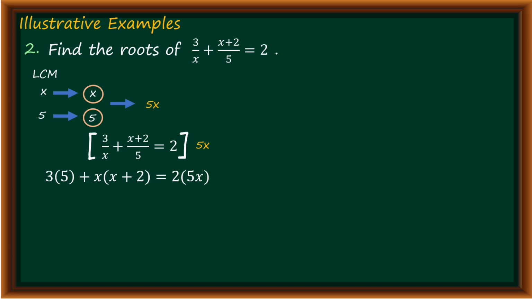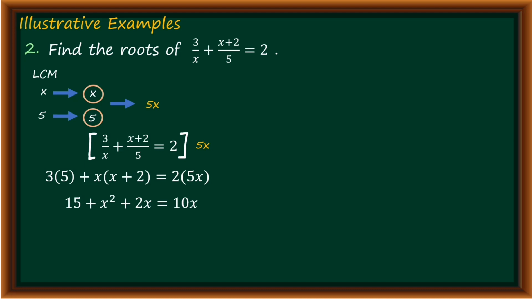Plus 5x times x plus 2 over 5: 5 is eliminated, so it will give us x times x plus 2, is equal to 2 times 5x. 3 times 5 is 15. x times x is x squared. x times 2 is 2x, is equal to 2 times 5x, which is 10x.